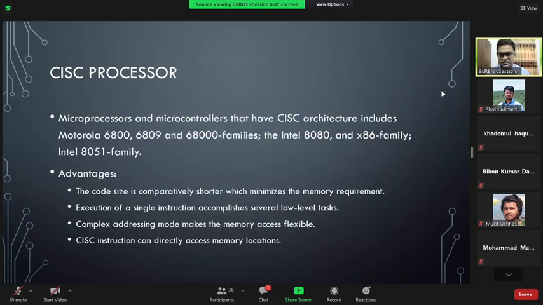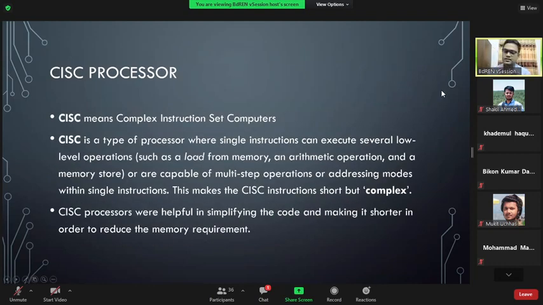So let us see some advantages and disadvantages. We know that the CISC processor is complex. That's why the name is complex. And of course, we compare the complexity to the other one, which is the RISC processor. Whenever we write code on a CISC processor, inside this processor we actually have several other low-level operations hidden. You don't need to write them; they're already there.